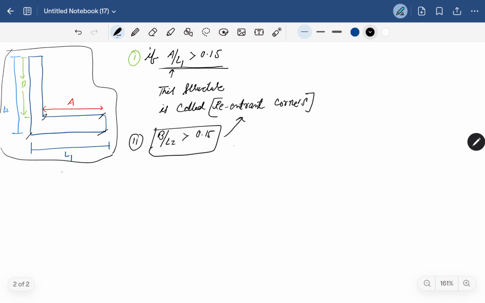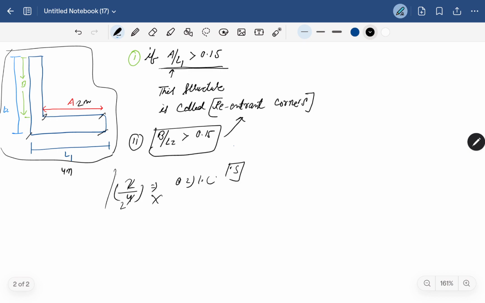Suppose this length is 4 meter and this length is 2 meter. So A by L means 2 divided by 4, how much is it coming? It is coming 1 by 2, which is 0.5. So in this case it is not a reentrant corner.